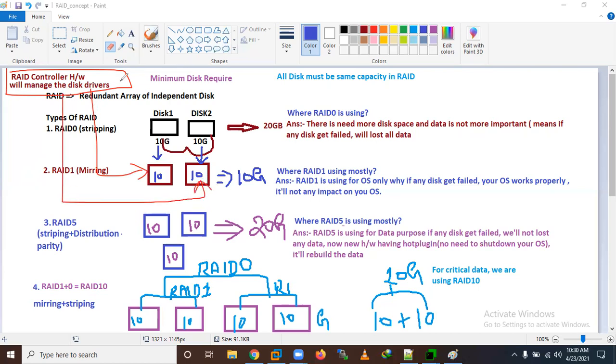For your operating system, the RAID controller will show a virtual disk. In the backend, the two disks are used, similar for RAID 0 and for RAID 1.